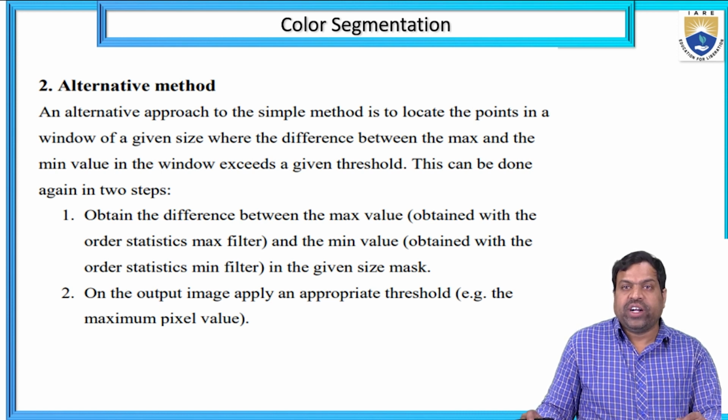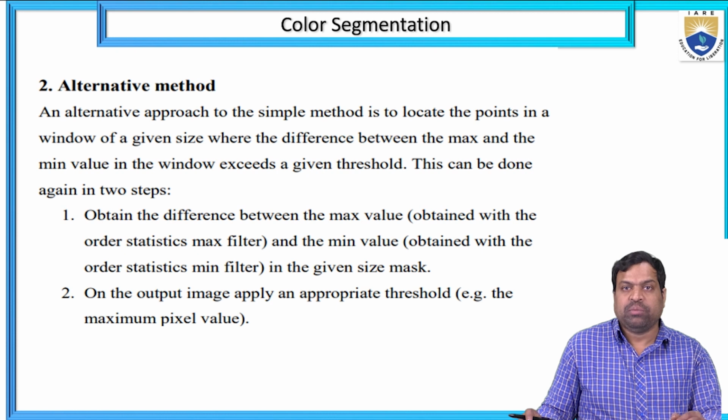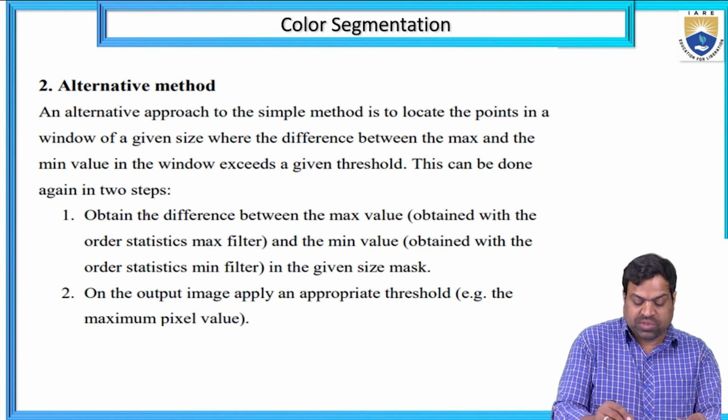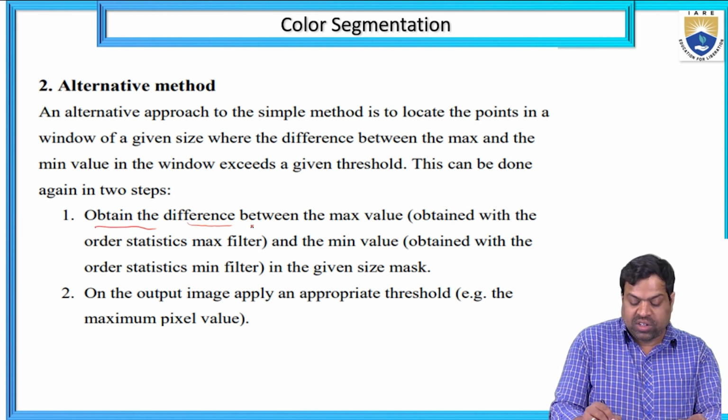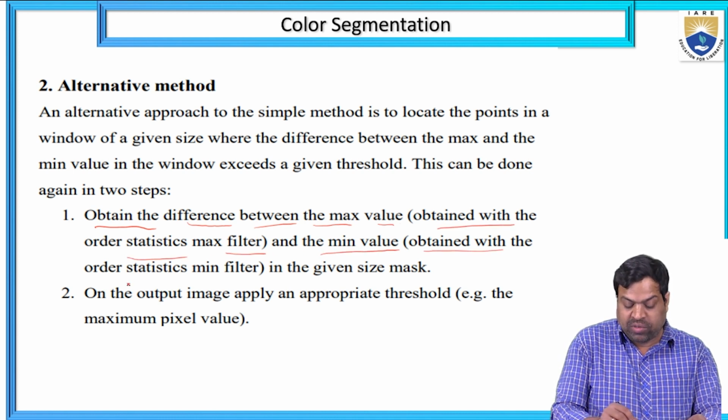An alternative approach to the simple method is to locate the point in a window of a given size where the difference between the maximum and the minimum values in the window exceeds a given threshold, and this can be done again in two steps. The first one is the difference between the maximum value obtained with the order statistics and the minimum value obtained with the order statistics.